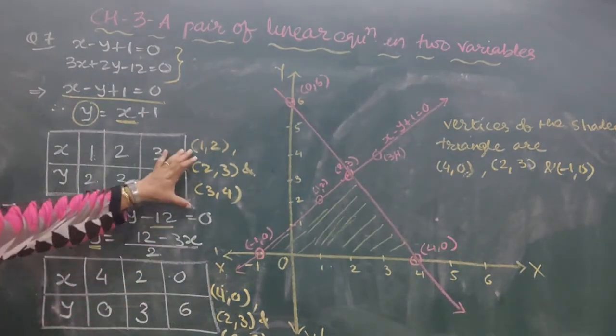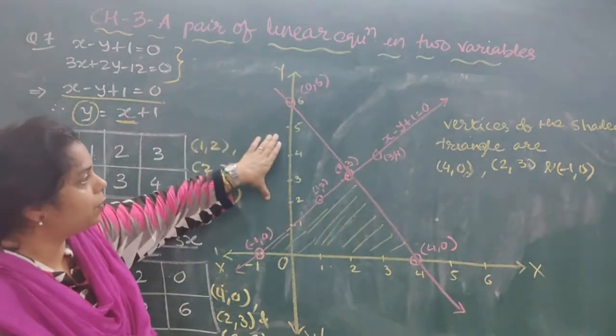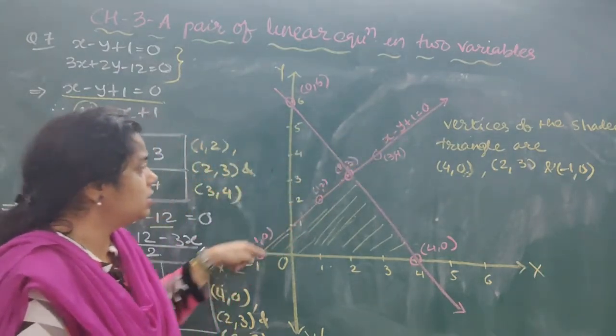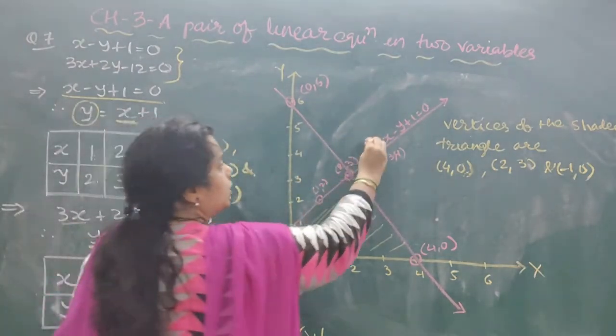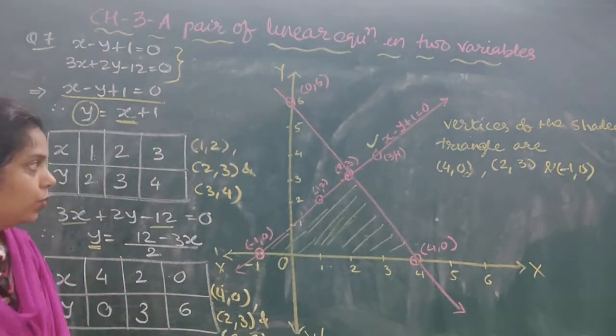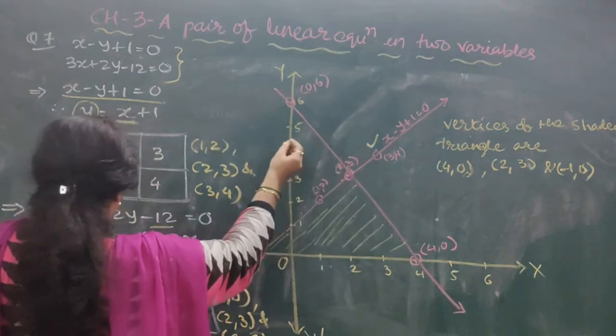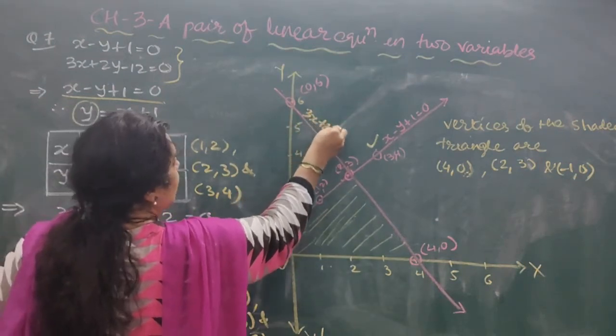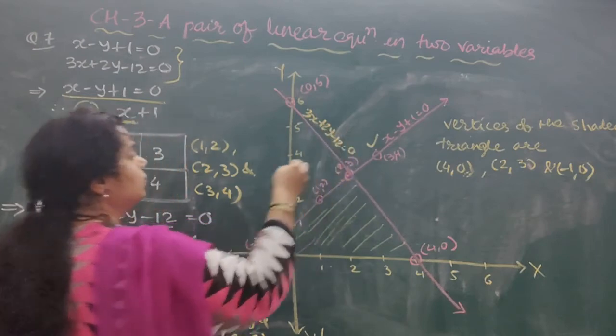So by using these points, I have already plotted the graph here. You can see that this line is for the first equation, x minus y plus 1 is equal to 0. And this line is for the second equation, 3x plus 2y minus 12 is equal to 0.